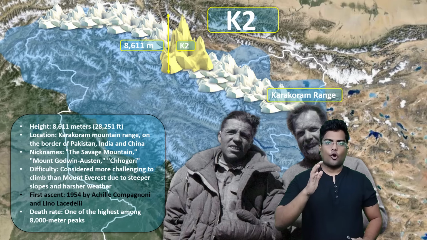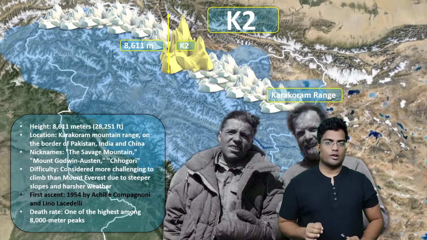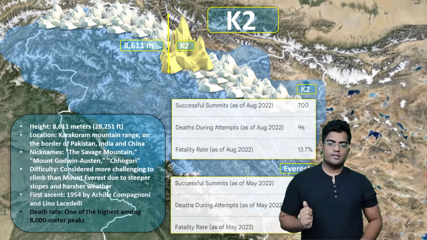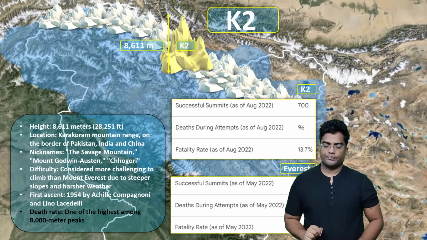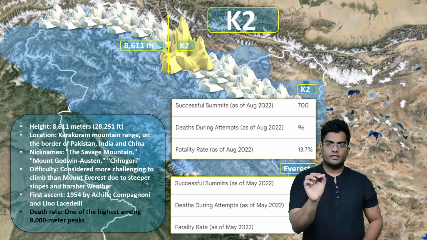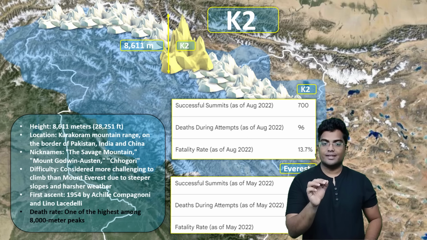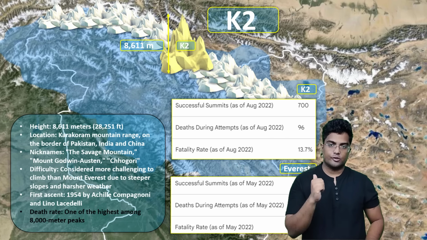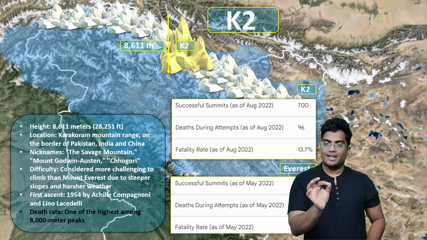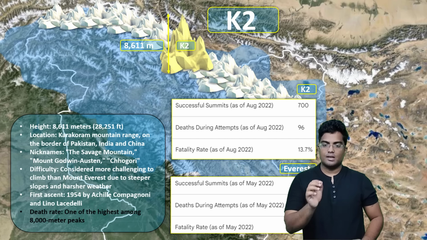Now, let's talk about how difficult this is to climb. As you can see, this is the list of K2 and Mount Everest. Out of 700 people who tried to scale K2, 96 died.